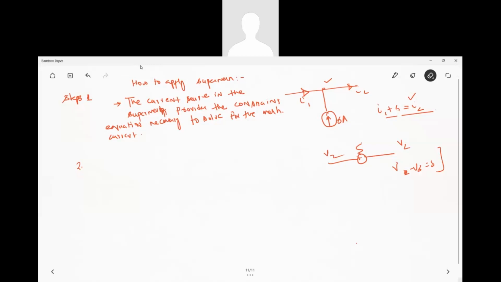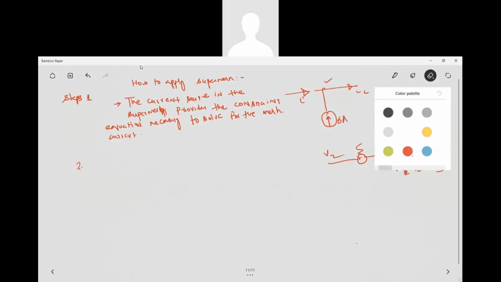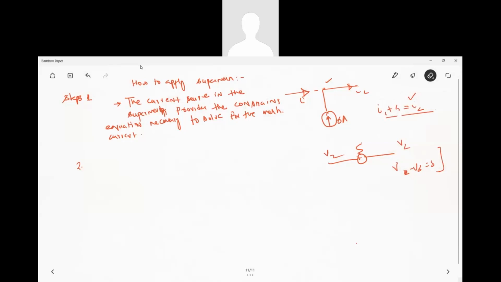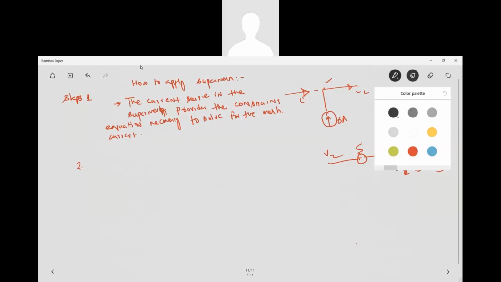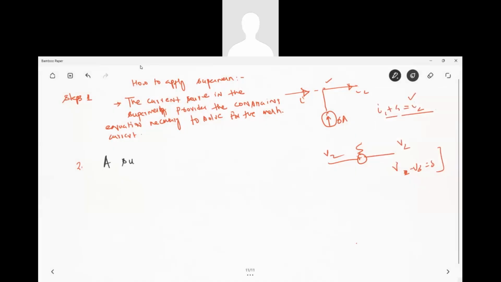Second thing is a super mesh has no current of its own. A super mesh will require application of both KVL and KCL. So you can then withdraw this whole thing and form a common mesh, and whichever loop was there, that loop current you can apply. So we can say that a super mesh has no current of its own.